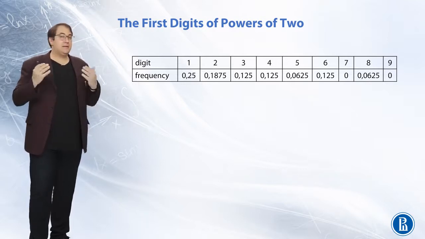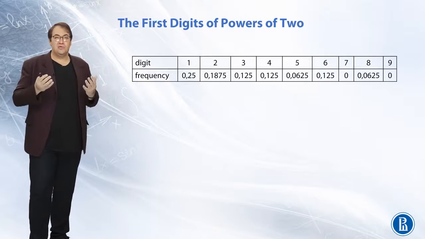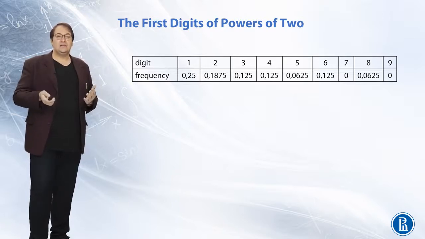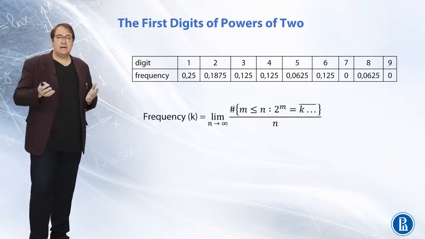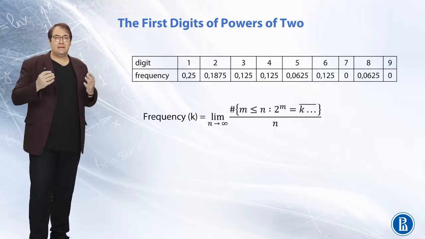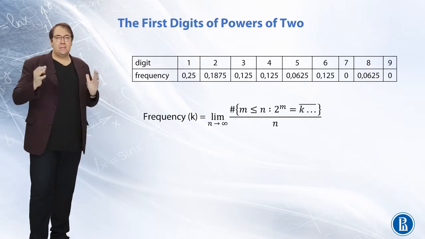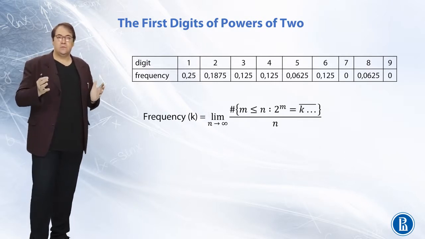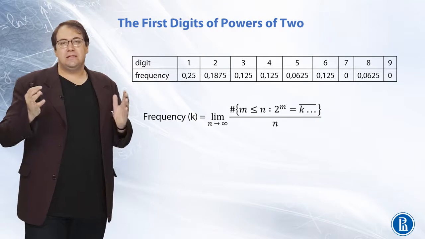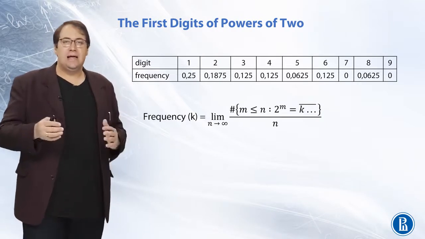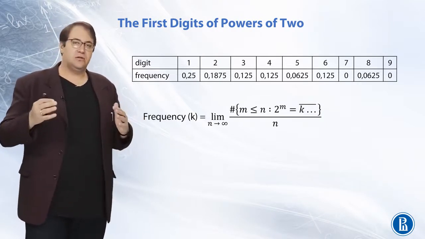The most natural definition of such a frequency is, of course, the limit when we take some n which tends to infinity, and among the first n powers of 2, count how many times we had the first digit 1, the first digit 2, and so on.